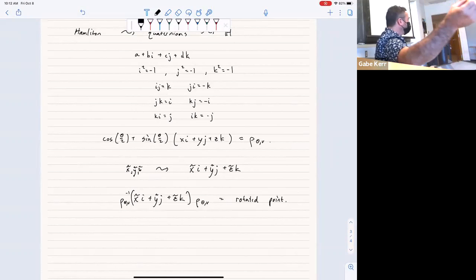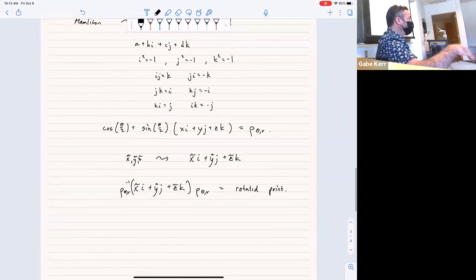So you want to know the axis of rotation, you can write that down. You want to know how much you're rotating, you can write that down. And you can write this down, and this is the formula for rotating the actual vector. Computers do this. I think a lot of gaming programs use this instead of 3x3 matrices, just for efficiency.